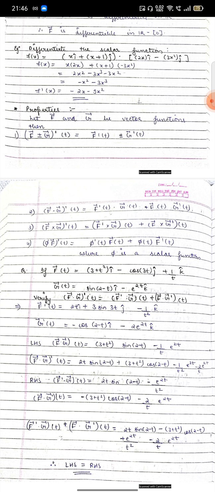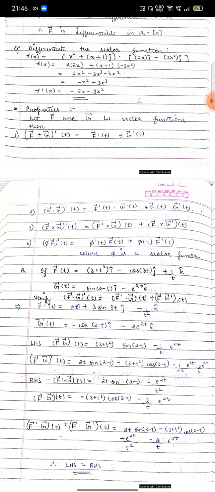Now by solving from the LHS, f · g(t) = (3 + t²) sin(2 − t) − (1/t) e^(2t). Then (f · g)'(t) = 2t sin(2 − t) − (3 + t²) cos(2 − t) + (1/t²) e^(2t) − (2/t) e^(2t).